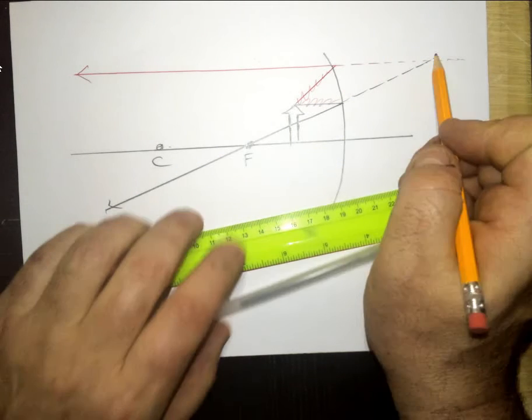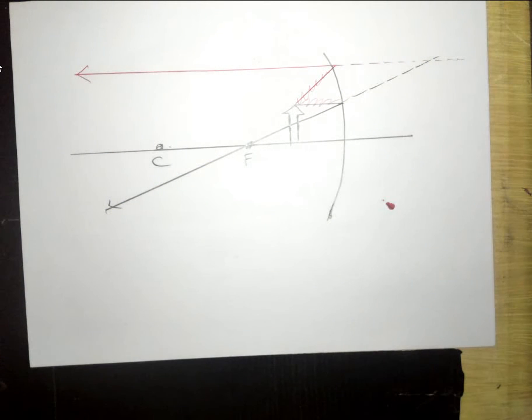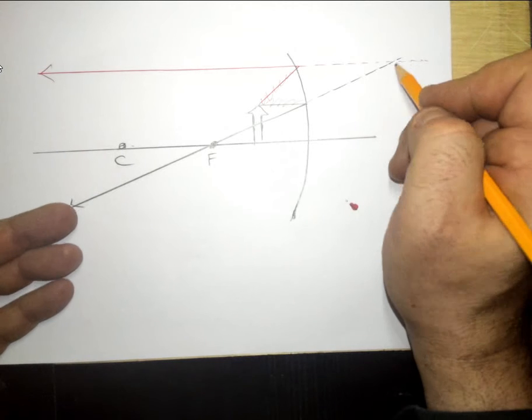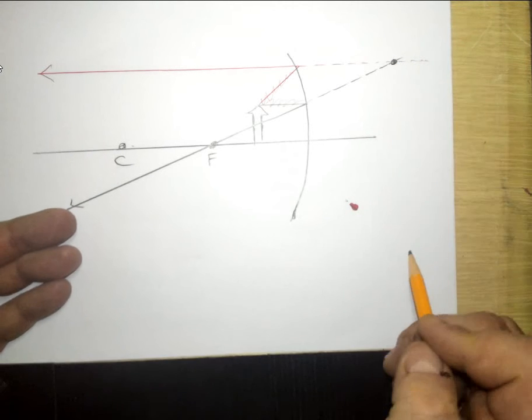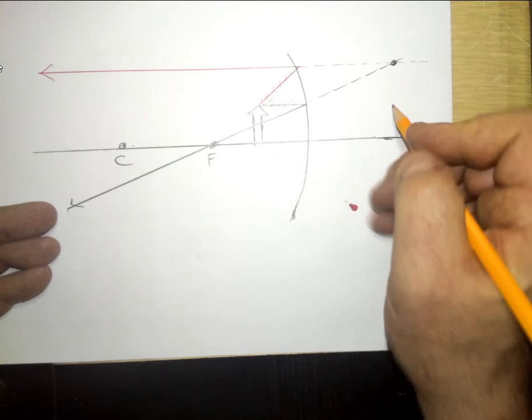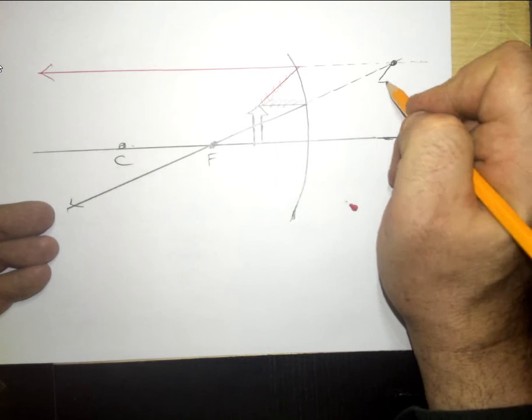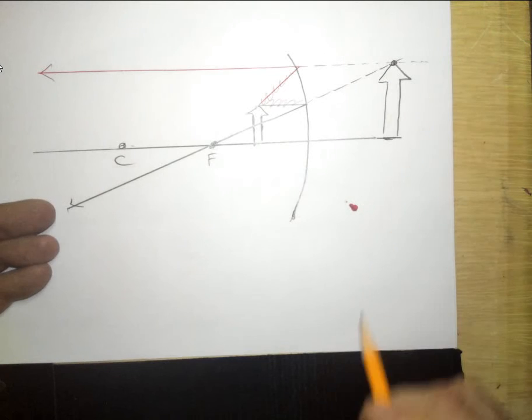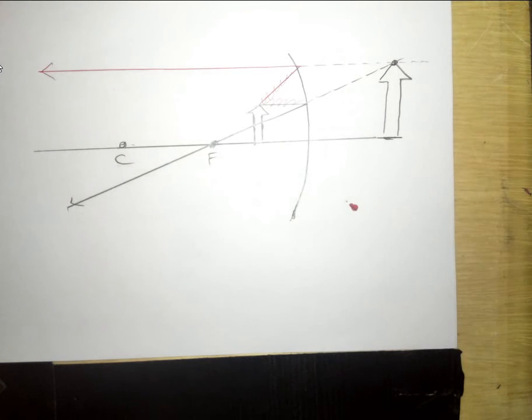Now they crisscross. They don't really crisscross, but it appears that they came from that one spot, and so that is the image tip. The base, once again, is still on the axis, and so in this case, the image is right side up. Whenever you have the crisscross above the axis, the image is always right side up.